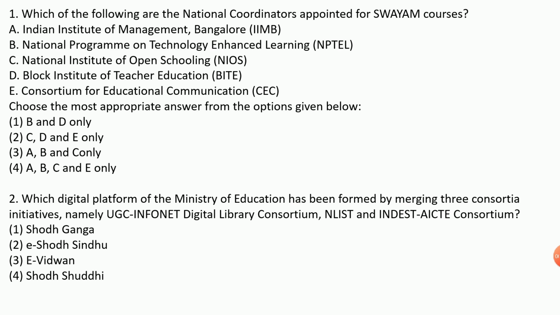So Swayam and related things, but that is not an affirmation. Still, we can expect like that because I have gone through certain question papers. At least a minimum of 1 or 2 questions are appearing in a single question paper regarding Swayam and other such things. So please put your focus while learning these things.